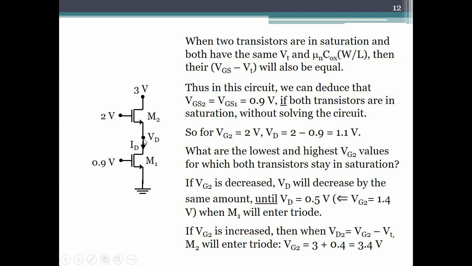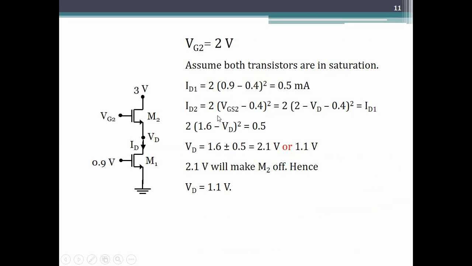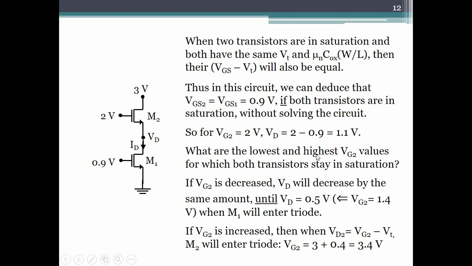Has to be. And then we check if that 1.1 satisfies the saturation condition, as we did in the previous slide. So we really don't need to solve the circuit. We directly can write that VD is 1.1 volt and then check if our assumption of saturation is correct or not. So that simplifies analysis sometimes if we are thinking as we solve.